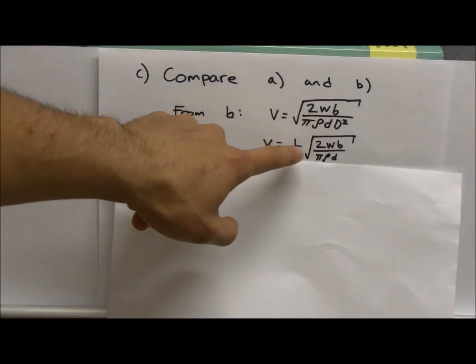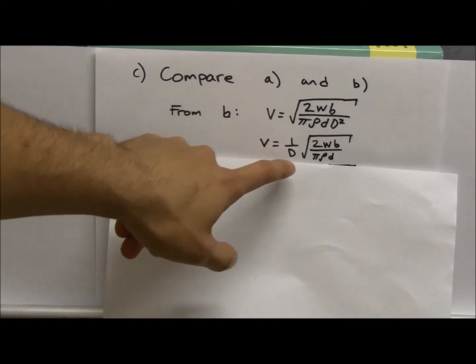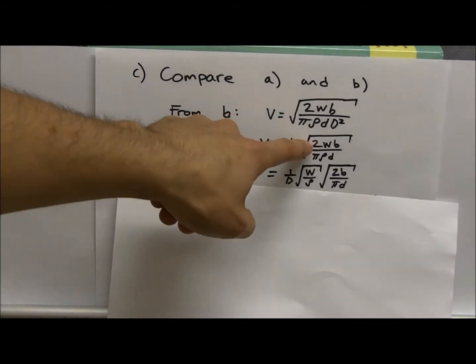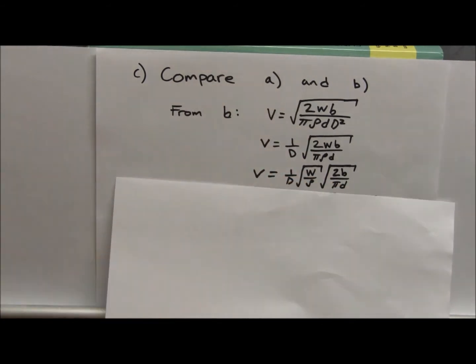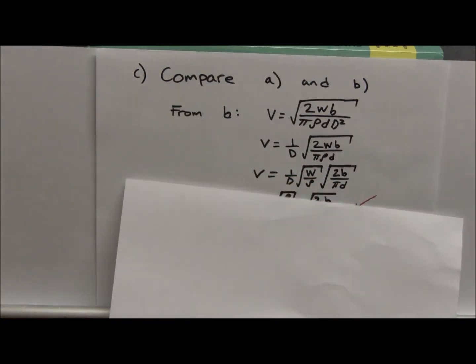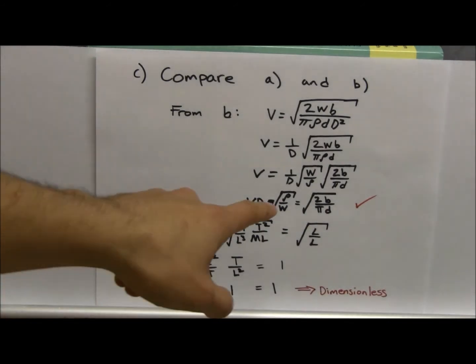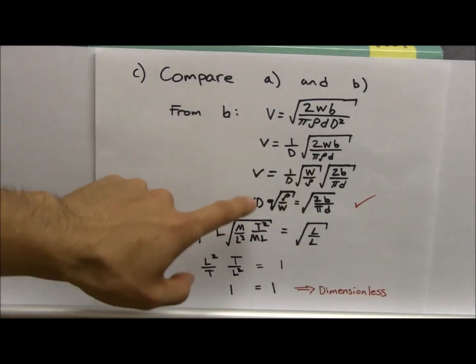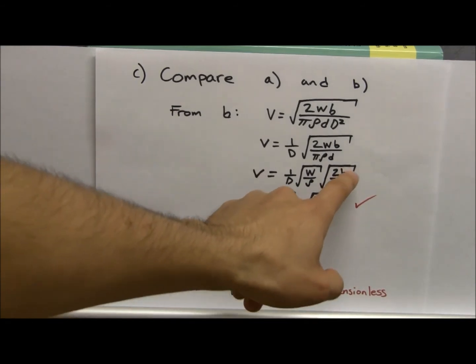Since there's a D squared up here, we can take this D out, break this square root into 2 square roots, take this D over here, take this over there, and you get this same term.